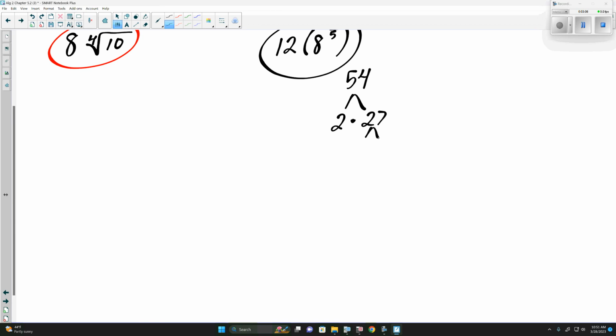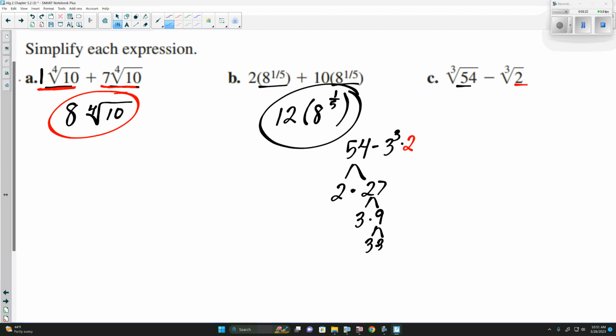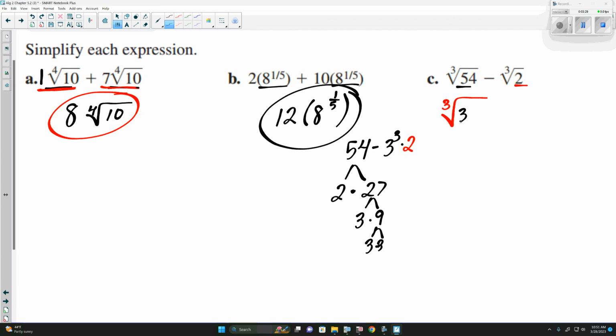And if we factor 27, it would be 3 and 9, so 54 is the same as 3 to the third times 2. So that is helpful for us because it means that we can rewrite this as, instead of the cubed root of 54, the cubed root of 3 to the third times 2.